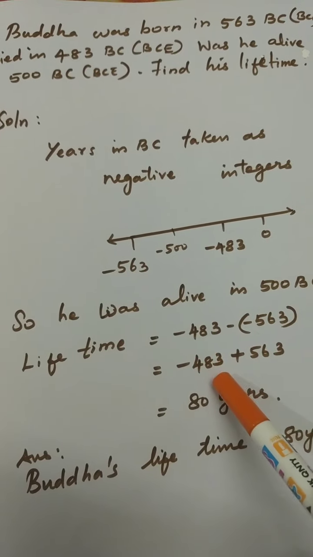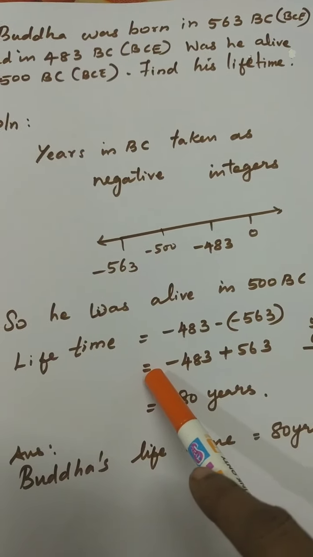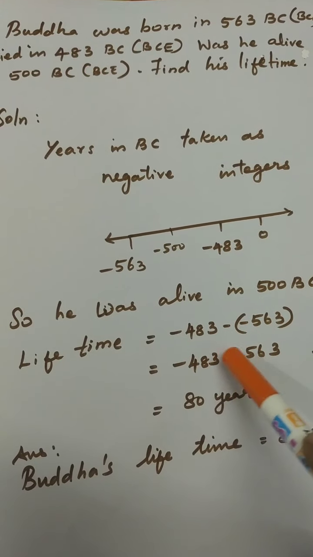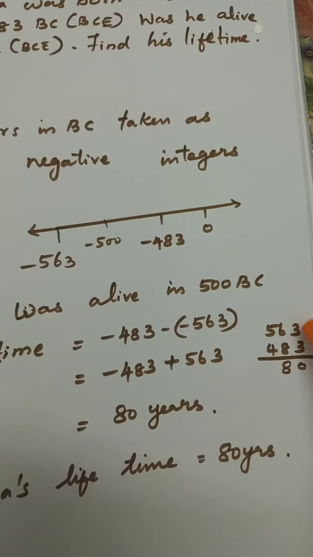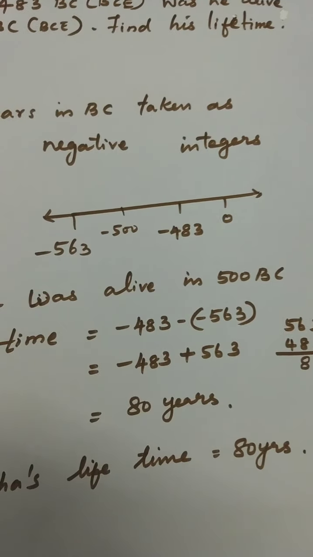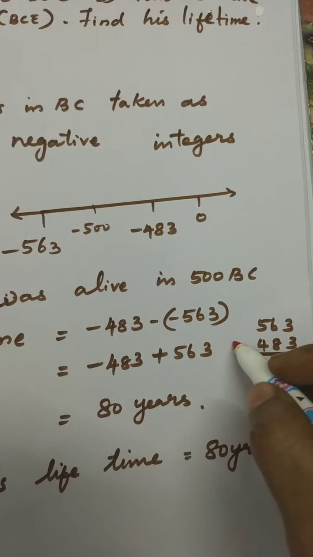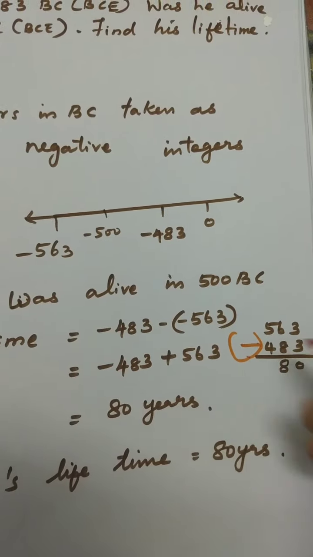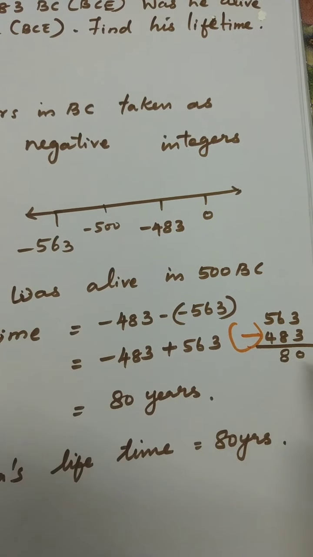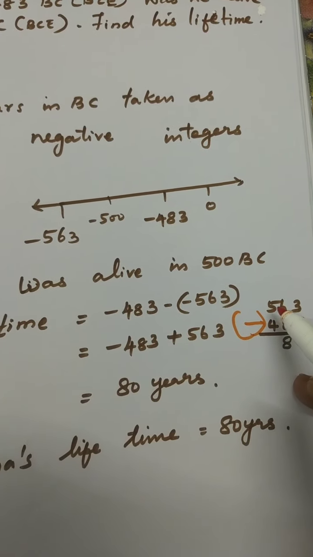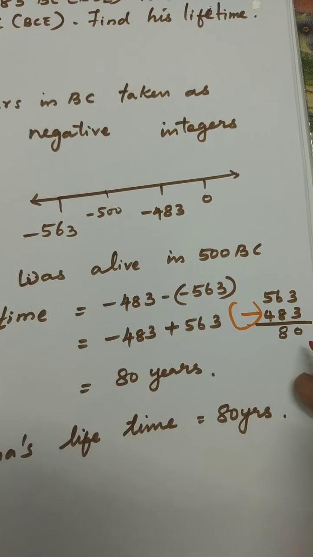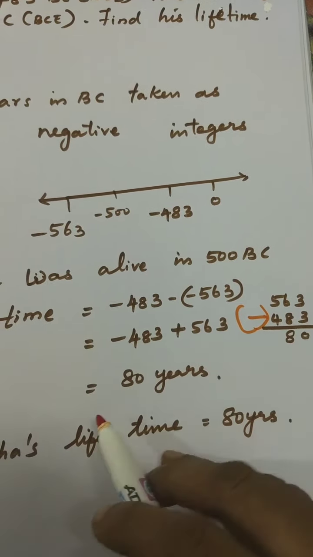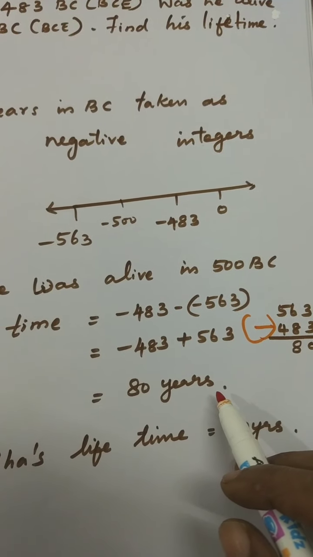Minus and minus becomes plus, so minus 483 plus 563. So you have to subtract and see here. 563 minus 483: borrow 1, 16, from 16, 8 goes, means 8. 80. That is 80 years.